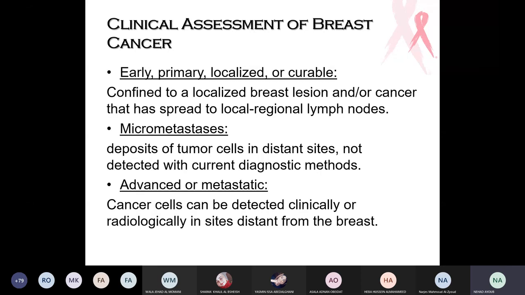When we talk about breast cancer metastasis, for every type of cancer we have target organs that we know are commonly involved in metastasis. So when we talk of breast cancer, we usually find metastatic disease, if any, in the liver, the lung, the bone, and the brain.